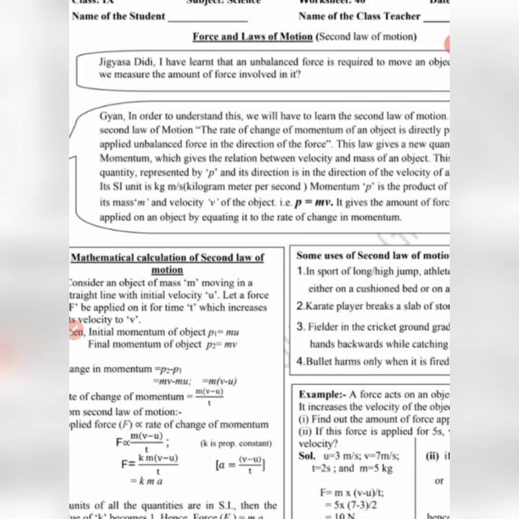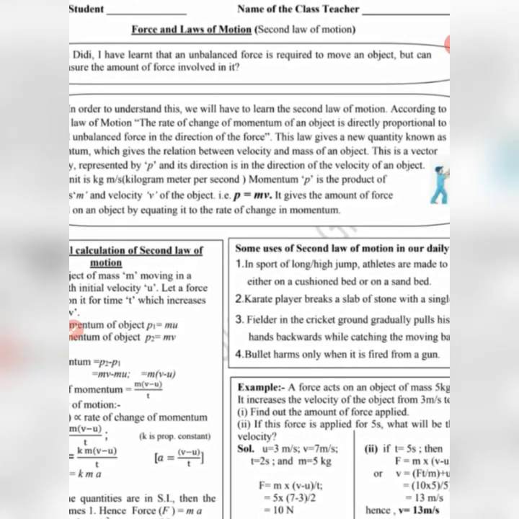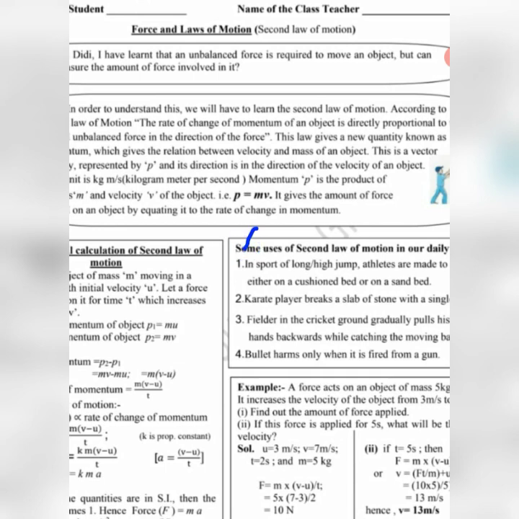As we know, according to the second law of motion, the rate of change in momentum is directly proportional to the unbalanced force, and that too in the direction of force. And this law gives a new term. What is that term known as?